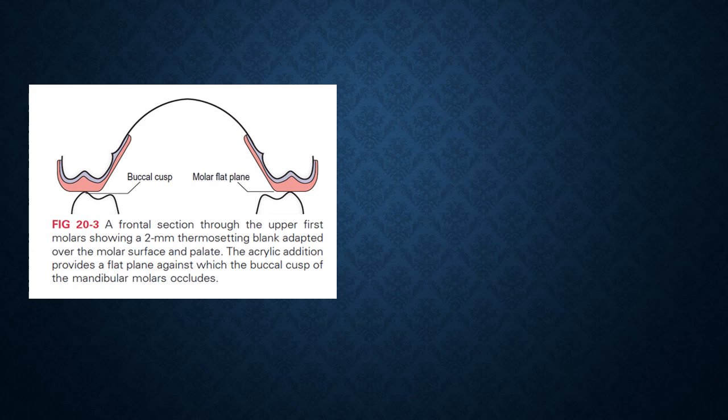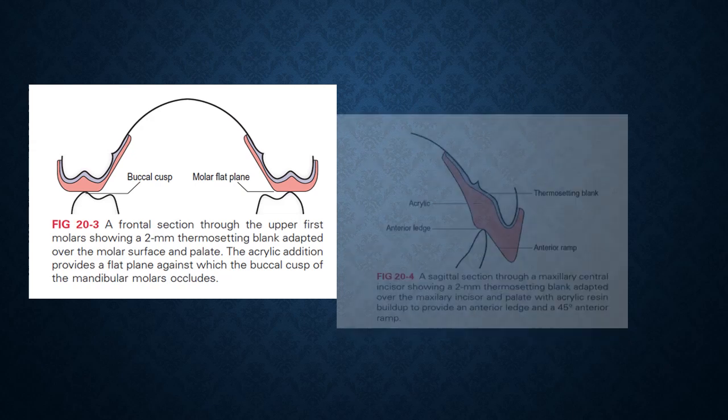Also an acrylic addition will be built up upon this clear template, another 2 or 3 millimeters, to form a flat surface to be contacted by the buccal cusps of the mandibular molars and premolars.